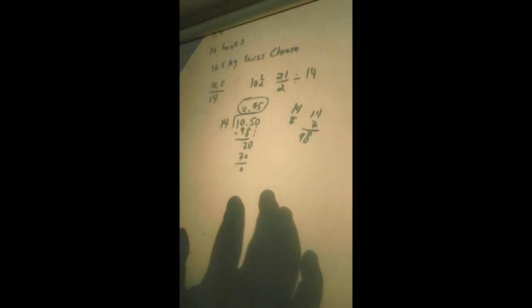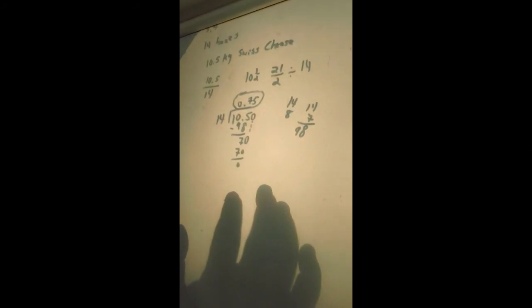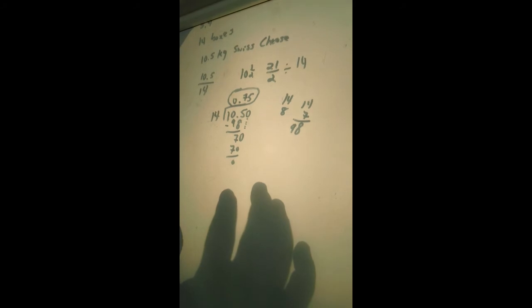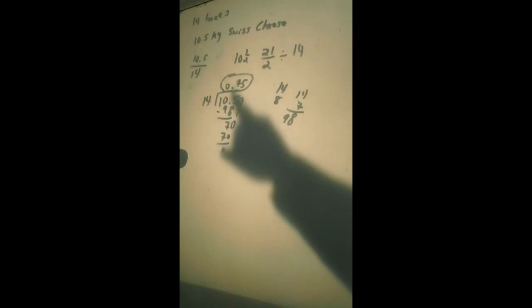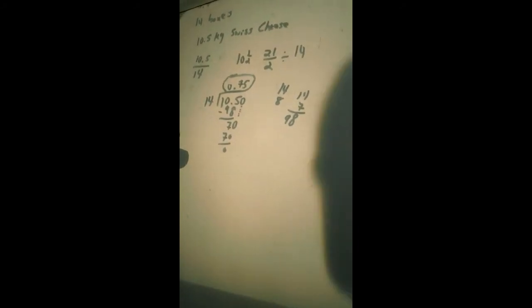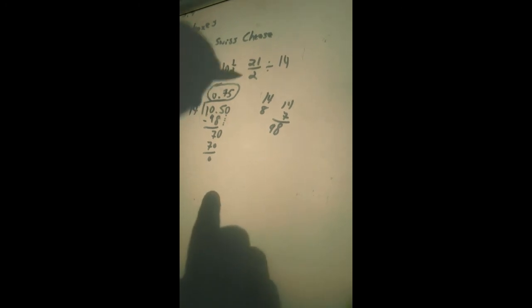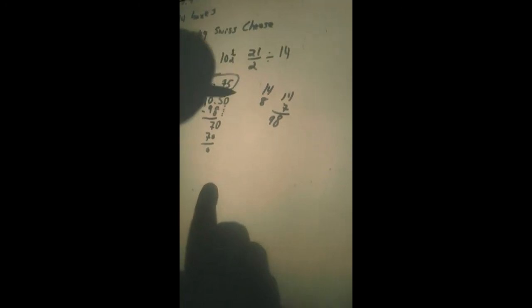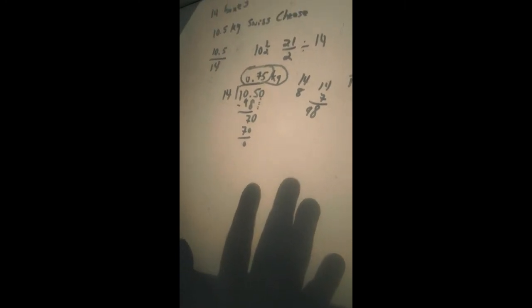First of all, what number is that? Emma? 7 and... No. Here's the decimal. So it's 75 hundredths of a what? Kilograms. So every family is going to get 75 over 100 kilograms worth of Swiss cheese.